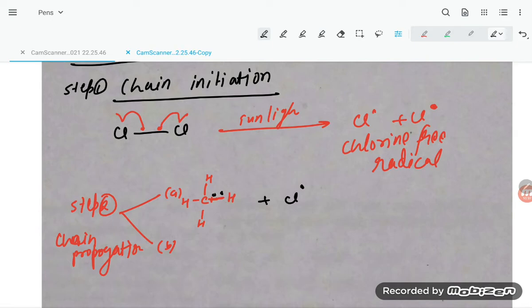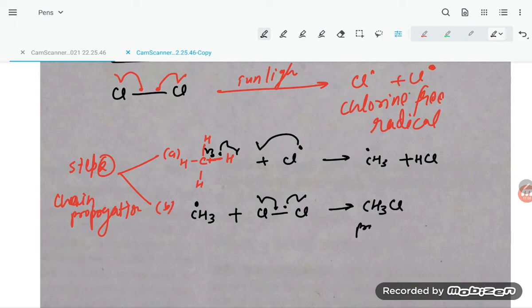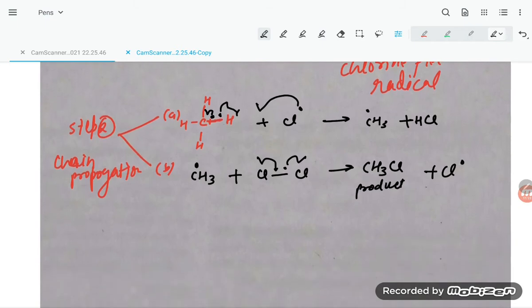This bond is broken, and the free electron on the carbon combines here, giving the CH3 free radical plus HCl. Now this CH3 free radical again attacks chlorine, and the chlorine and CH3 combine to give the product CH3Cl, plus a chlorine free radical is formed again. These two steps take place continuously.